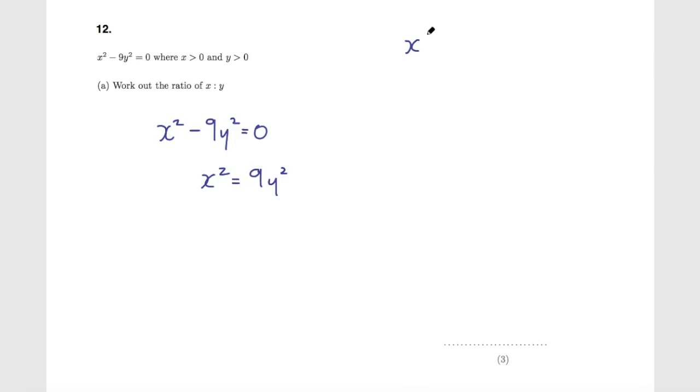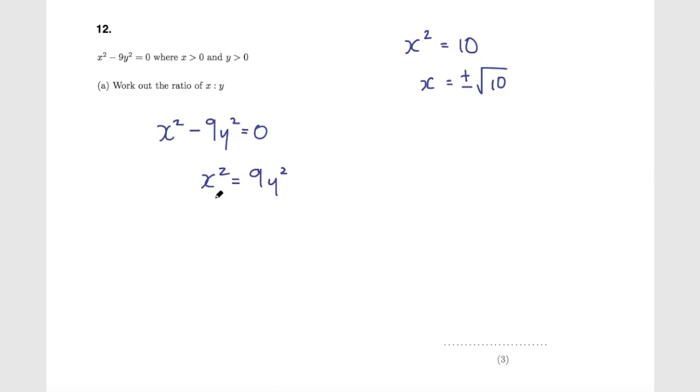Typically, if you have the square of some unknown, let's say x squared equals 10, to find what x would equal, you'd have to do plus or minus the square root of 10. However, in this example, because we're told that x and y are greater than 0, we can take the square root of everything in this equation and we don't have to worry about these pluses and minuses.